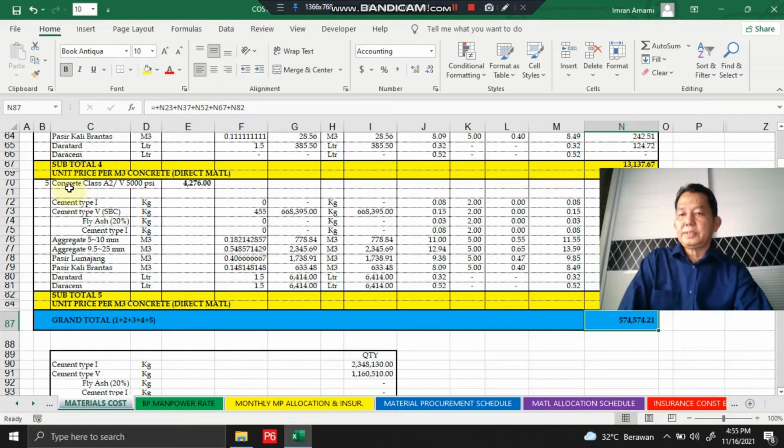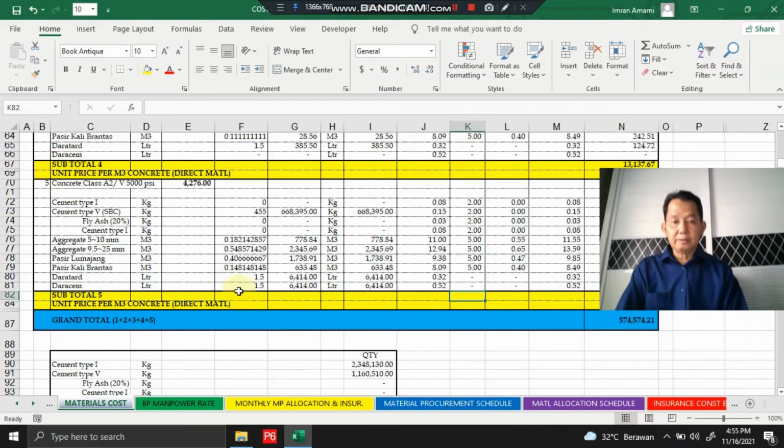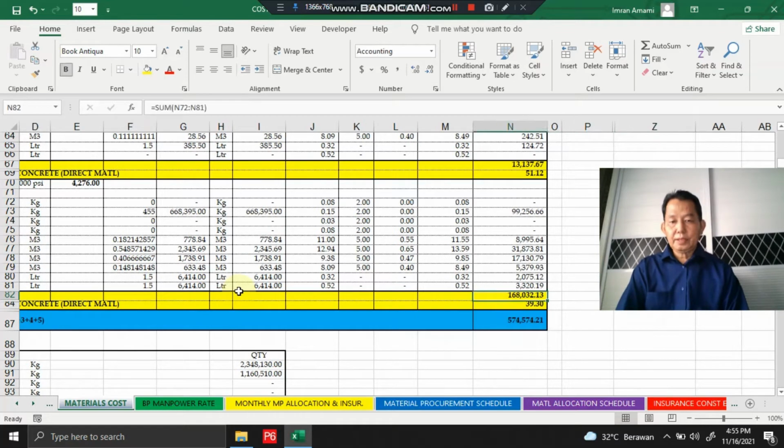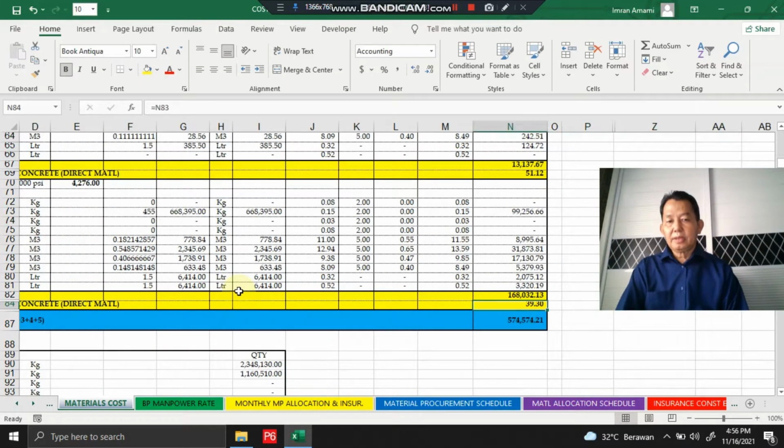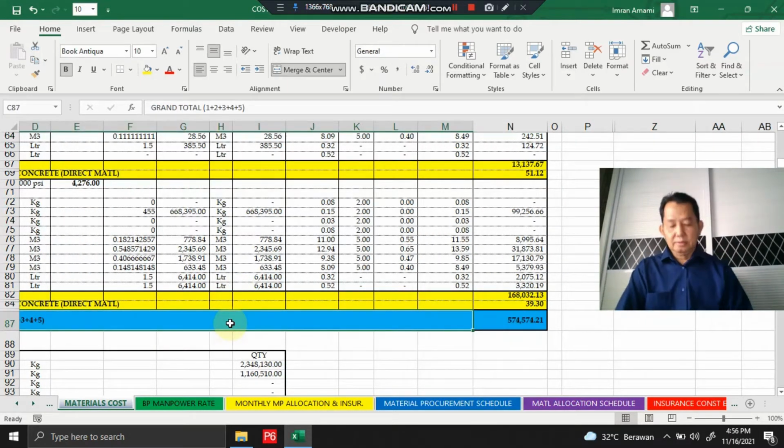And the last one is the total price for concrete class A2 with strength 5000 and type 5. The total price we found here, and this is the unit price per cubic meter. And then we found the grand total of the total price here.